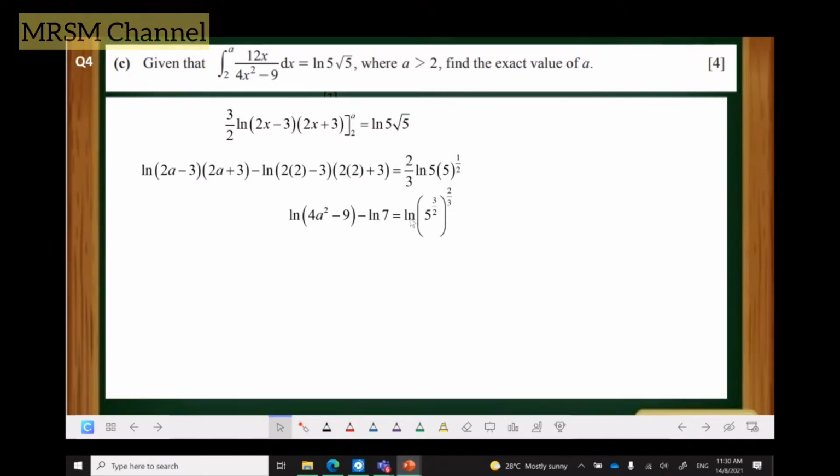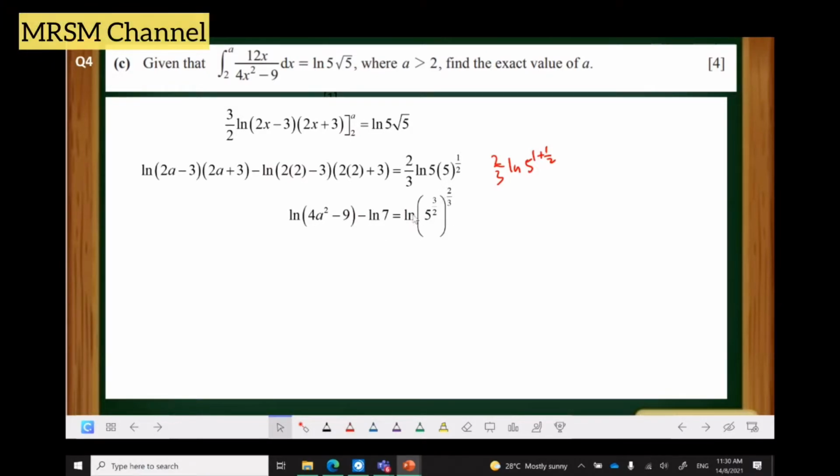Okay, right side ln 5. This is 1. This is 5. Power dia 1. Okay, so this one akan jadi 5 to the power of 1 plus 1 over 2, which is 3 over 2.